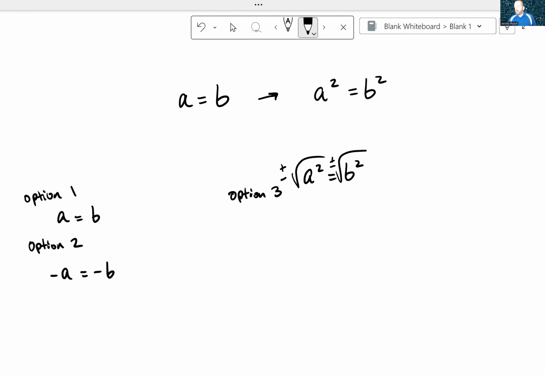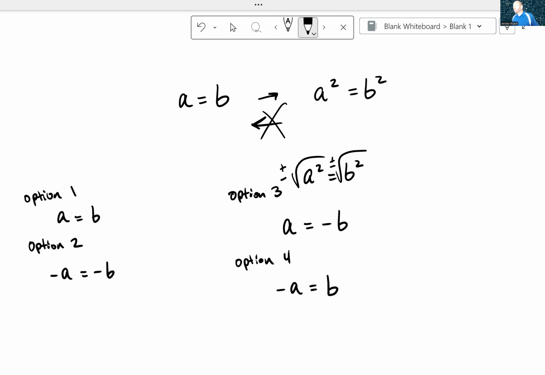So option three is A equals negative B. And option four, you might have guessed it already, is negative A equals positive B. Because we have these different options, it's not necessarily true that A squared equals B squared means A equals B. So it doesn't go this way. It's not a reversible operation.